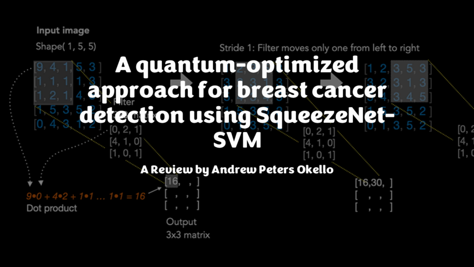Finally, let me talk about the applications of deep learning concepts here. Let's examine how deep learning concepts are applied. For feature extraction, SqueezeNet's fire modules identify critical features in mammography images such as lesion texture and boundary irregularities. Another thing we can look at is classification. The SVM leverages these features to classify lesions with high accuracy.